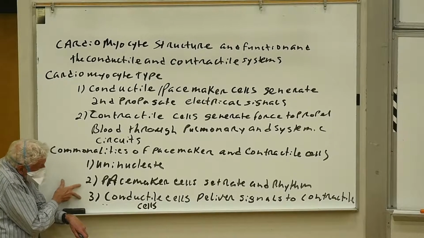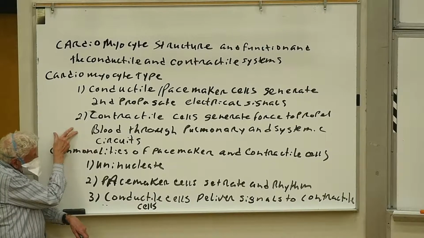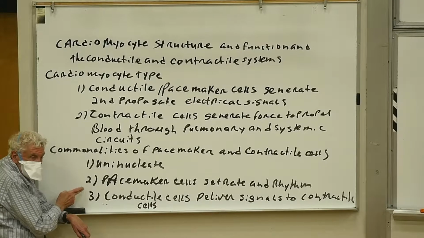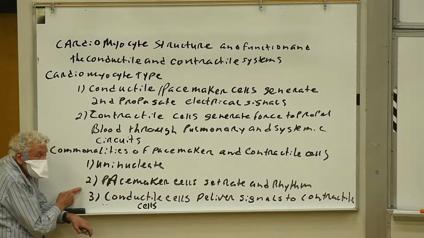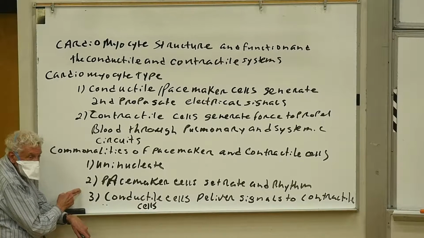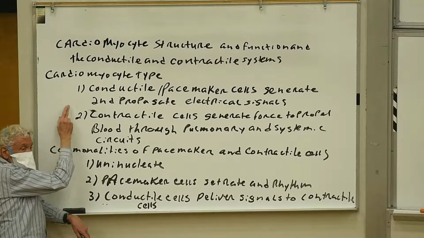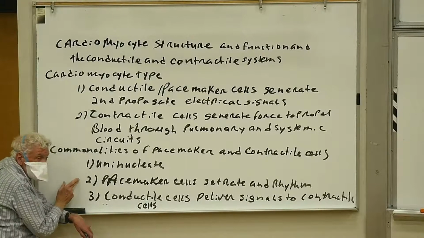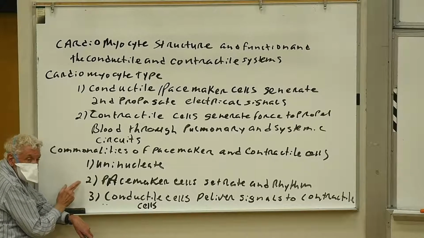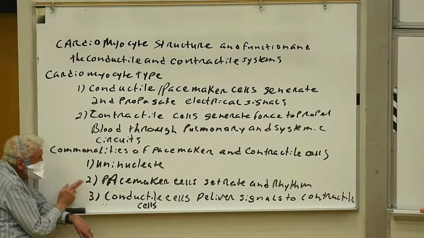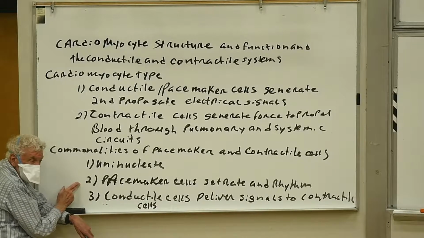But again, this is the same statement as we have up here. The pacemaker cells set the rate and rhythm. So your heartbeat is sitting there as you're resting quietly, 60, 70 beats per minute. That's being generated by these conductile cells. The conductile cells are the guys that are setting the rate and rhythm. They have a particular kind of action potential we'll talk about that sets the rate and rhythm.